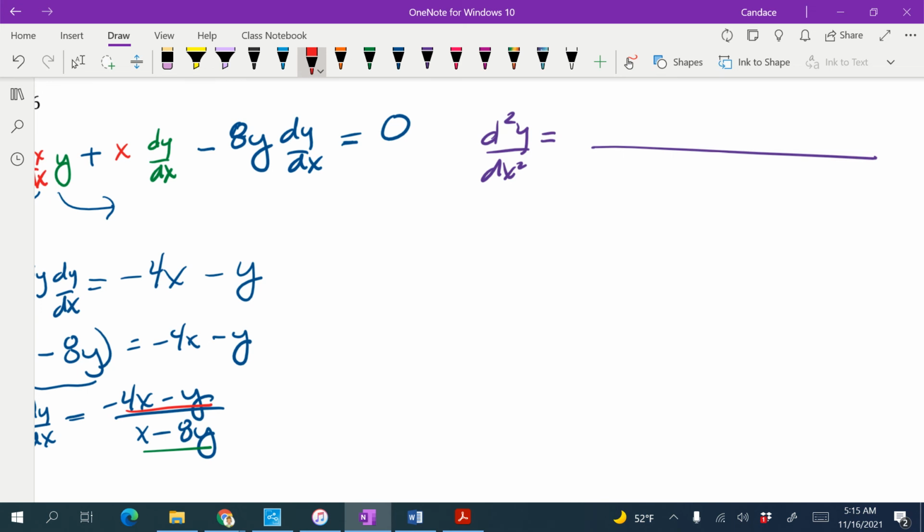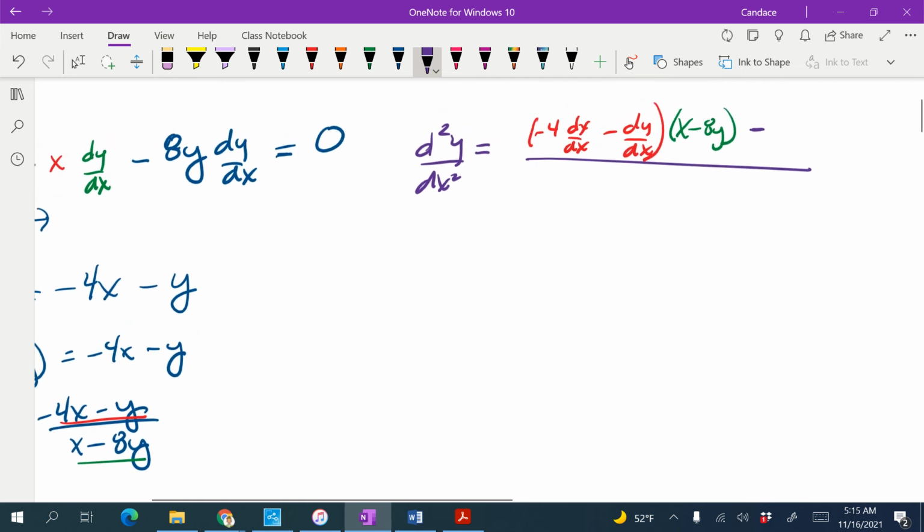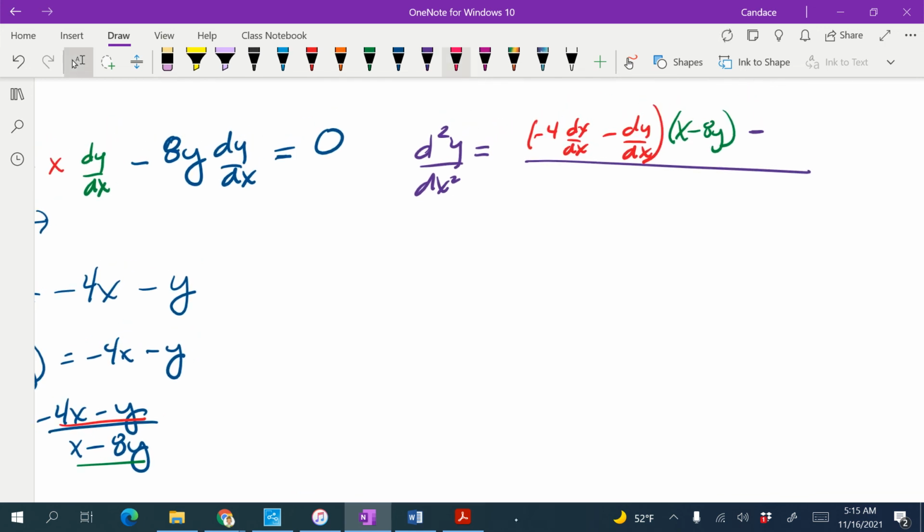So the derivative of my red would be negative 4 dx/dx minus dy/dx. And then we just multiply by the green the way it is, so x minus 8y. The operation in between is subtraction. So now we're going to do the red the way it looks.